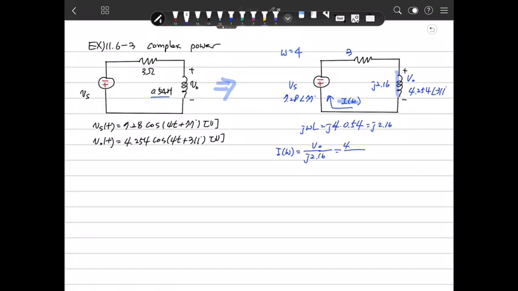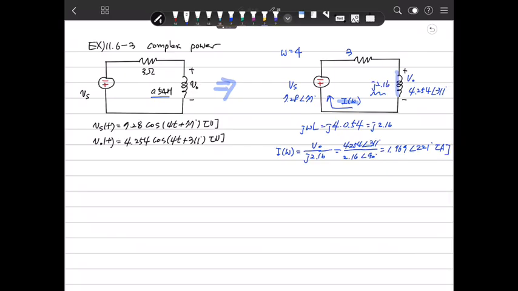So there will be 4.254 at 311 degrees divided by j2.16, because j is 90 degrees. So there will be 1.969, and the angle is 221 degrees. It's in amperes here.